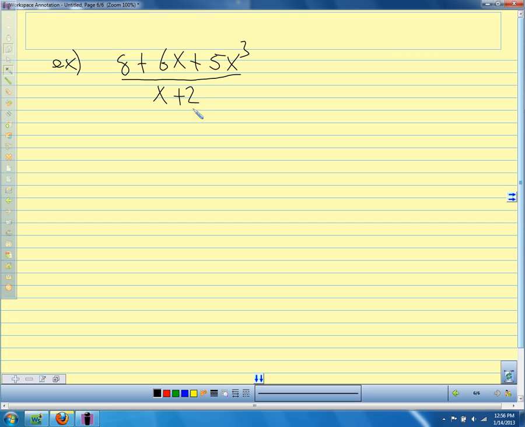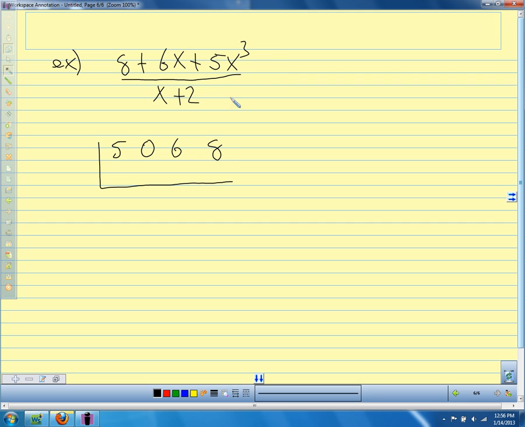The first thing we want to do is write our coefficients in decreasing powers of x, and we want a 0 for any missing power. So what are our coefficients going to be? 5. I have 0x squared, so I have to put a 0, a 6, and an 8.